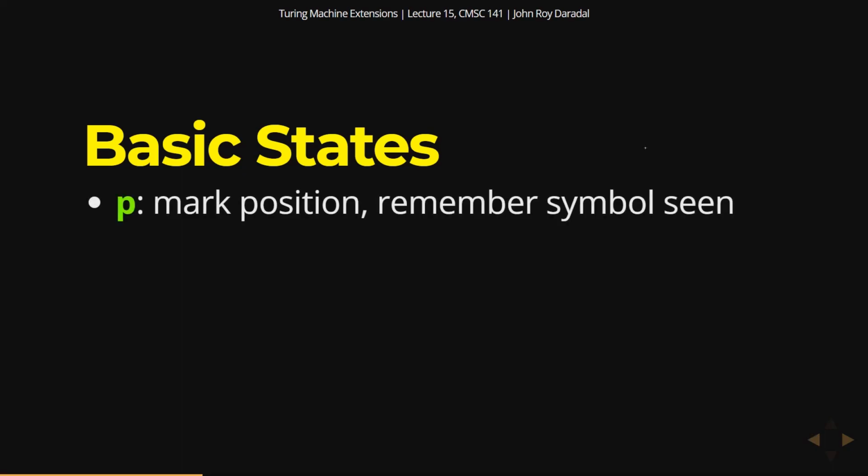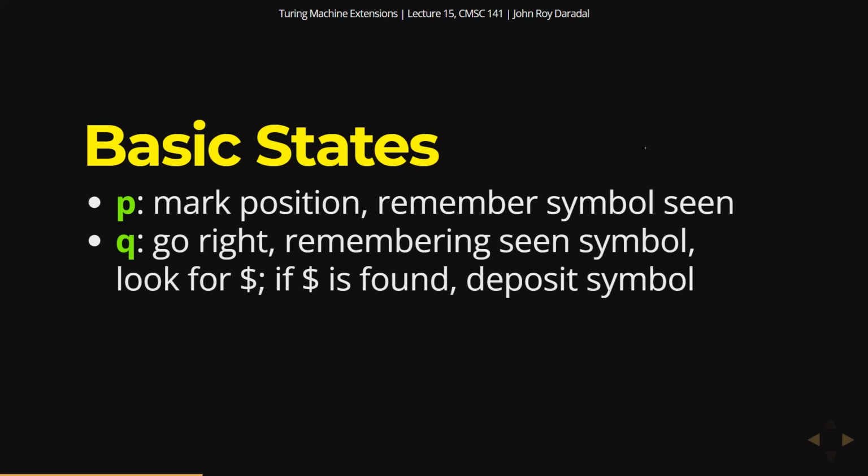So we will have some basic states for this. P is our starting state, and it will just mark the position that we're currently in. So it will mark that cell, and remember the symbol that we saw, so it's either a 0 or a 1. Q is the state wherein we go to the right, remembering the symbol that we saw. So it's either Q0 or Q1, and we look for the end of the string.